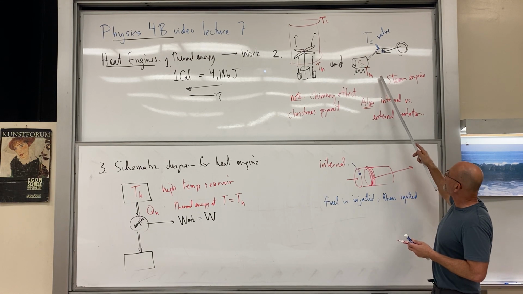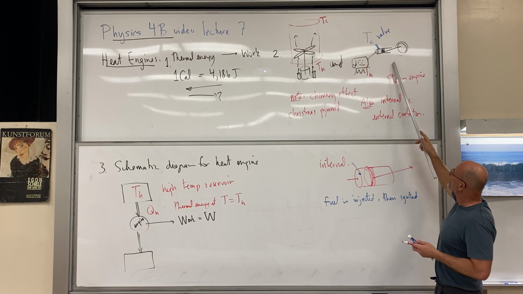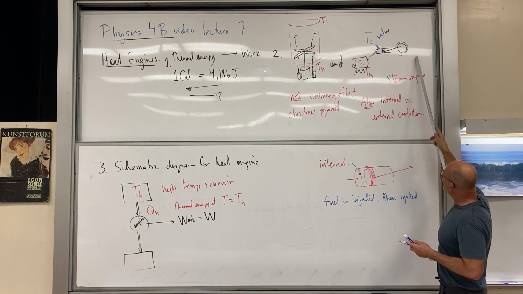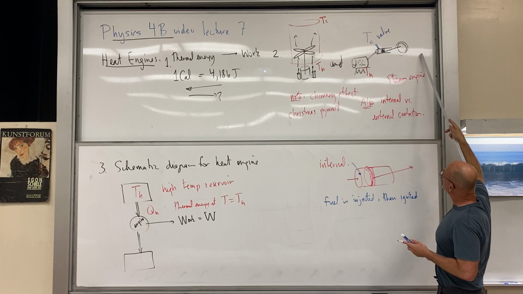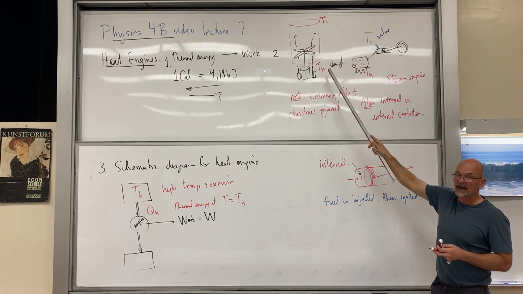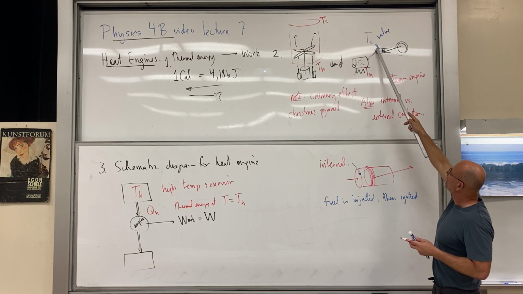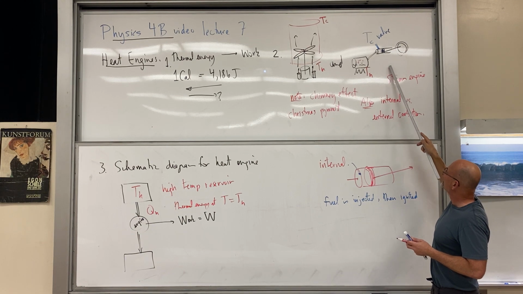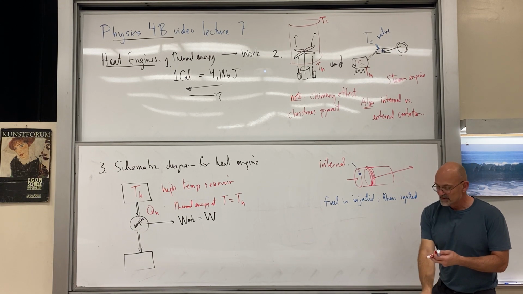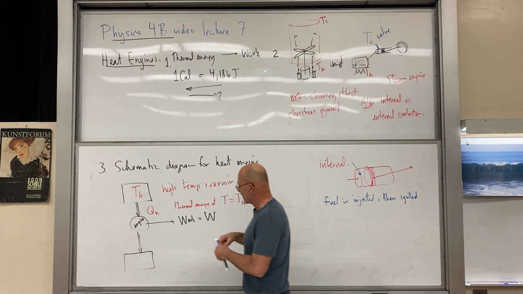But in order to get a cycle out of this, we have to bring the wheel back to its starting point, which means the piston has to go to the left. And in order for that to happen, the valve has to open and eject some of that steam, that hot gas into the atmosphere. And so that is what's going on right here.